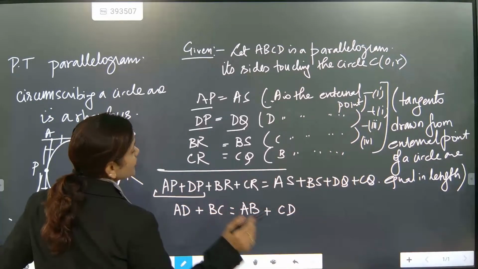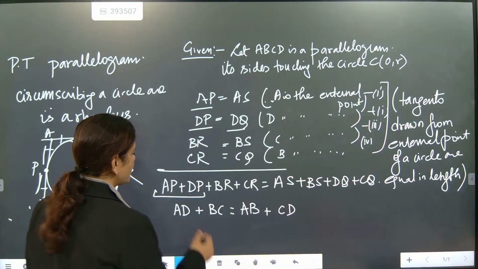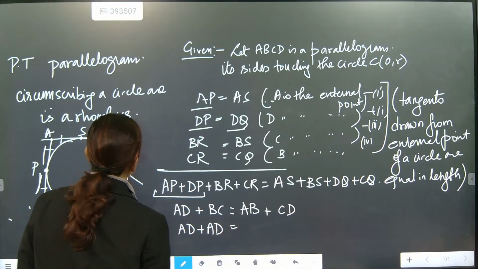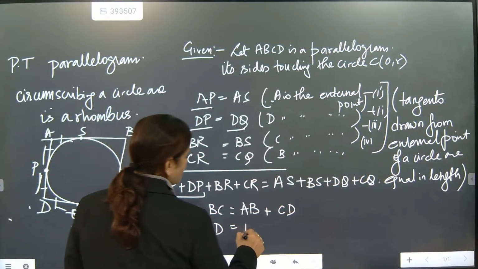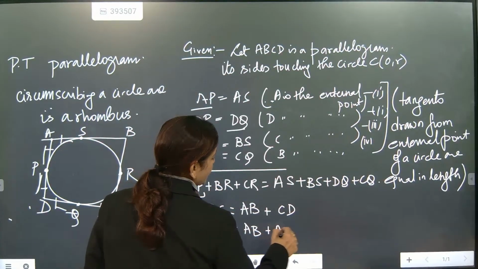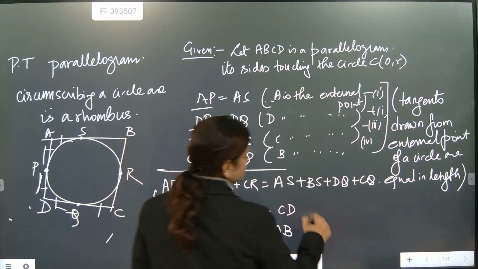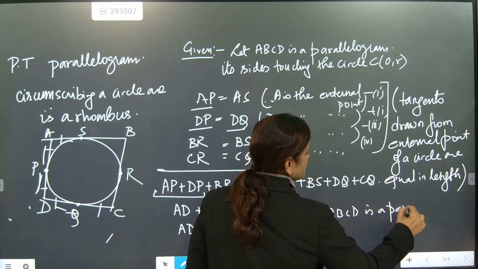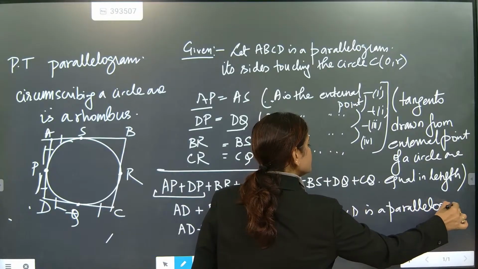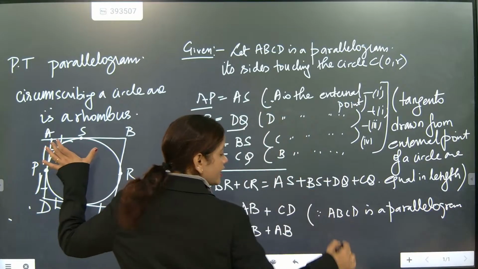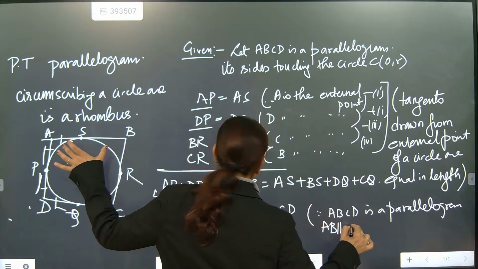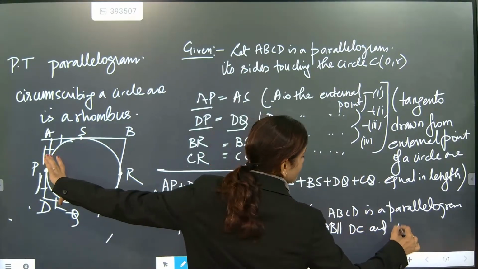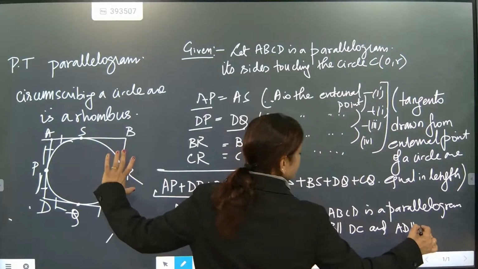So we can say AB plus AD equal to AB plus AD. Why? Because ABCD is a parallelogram, so AB will be parallel to CD and AD will be parallel to BC.